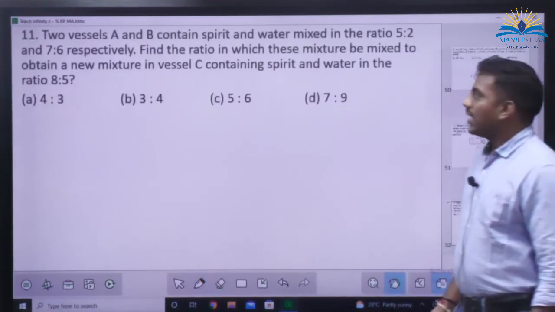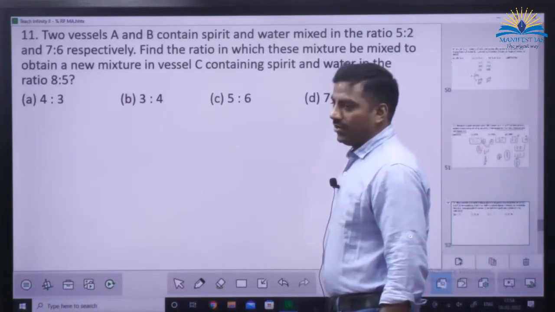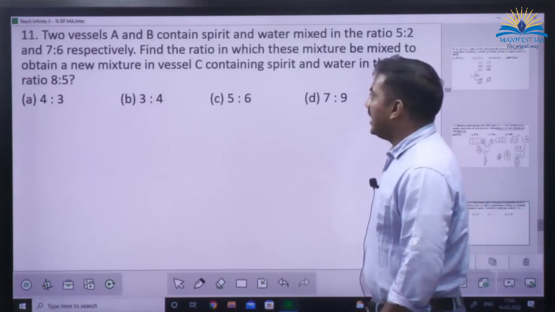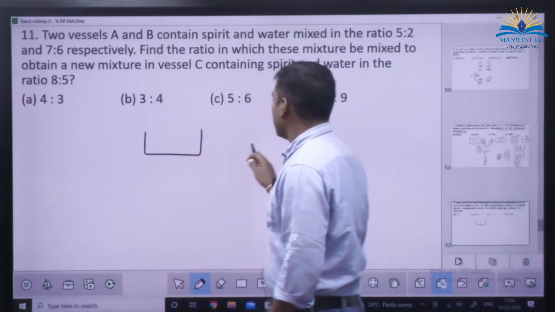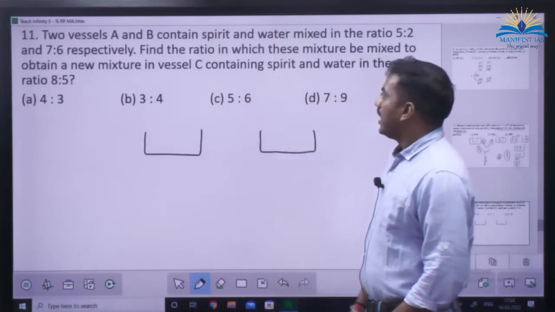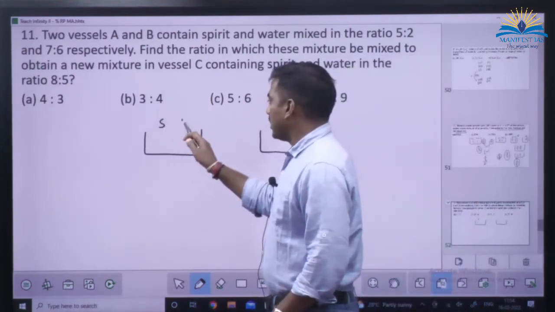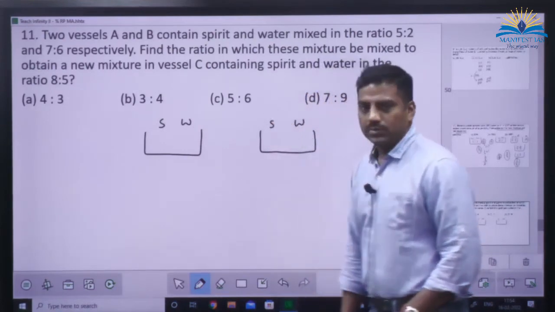2 vessels, A and B, contain spirit and water. So first of all, there are 2 vessels, A and B, containing spirit and water. So spirit and water is there in both the vessels. It is just like the previous problem.